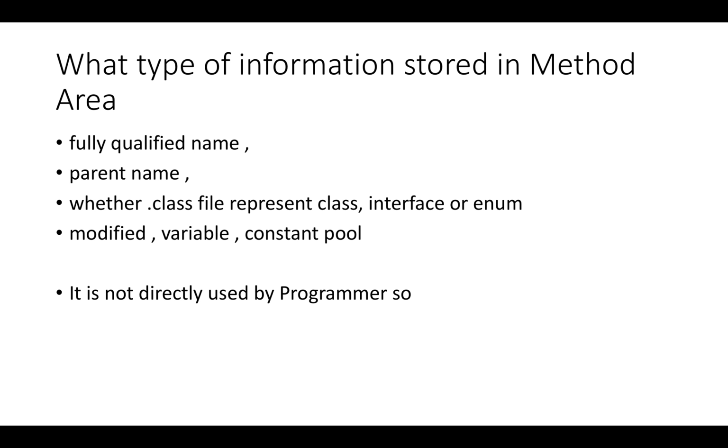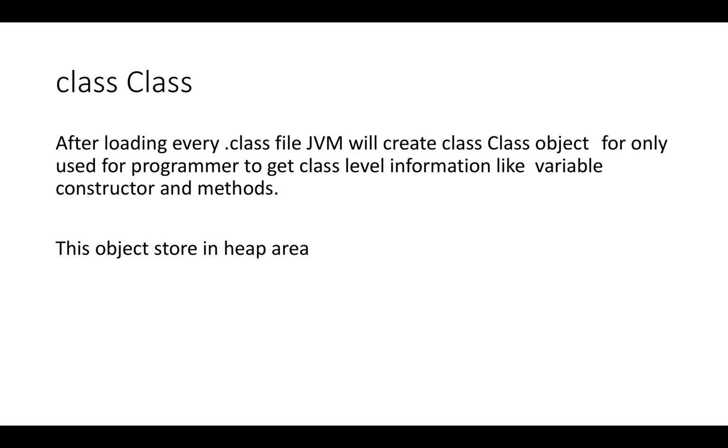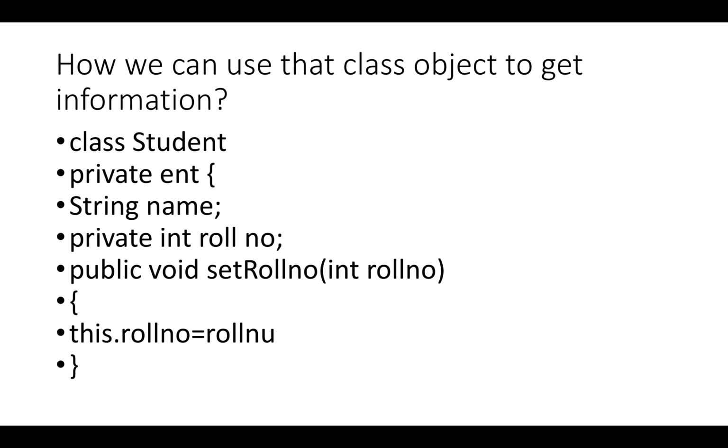Now if you want to access all this information, you cannot access it directly. For that, the JVM will create the class object, and from that class object we can get the class level information. For example, we have a class named Student, with different properties and methods.